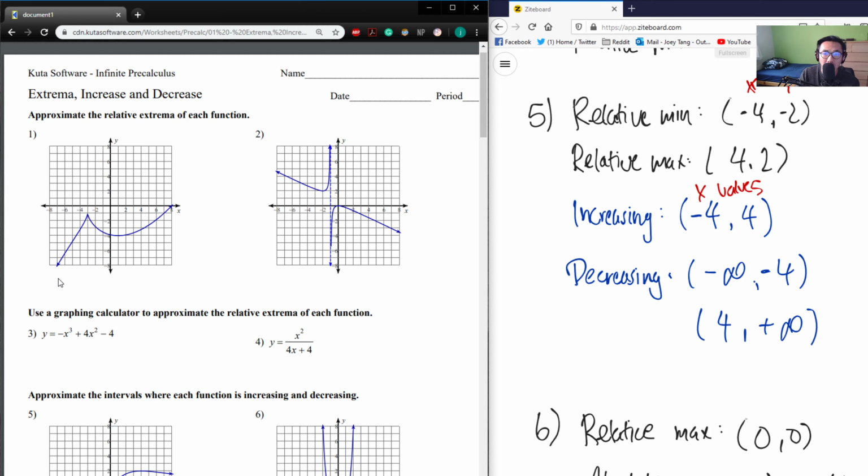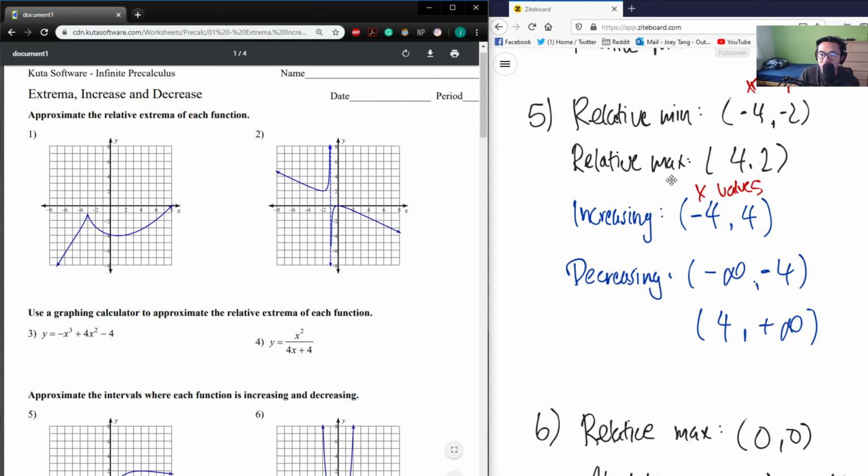So from negative infinity all the way up to x equals -3, it's a period of increase, right? The y values are always consistently going up. If we extend the graph, this is going towards negative infinity, but as x is increasing, y is going to increase as well with it. So I have an interval from negative infinity to -3 that's increasing.